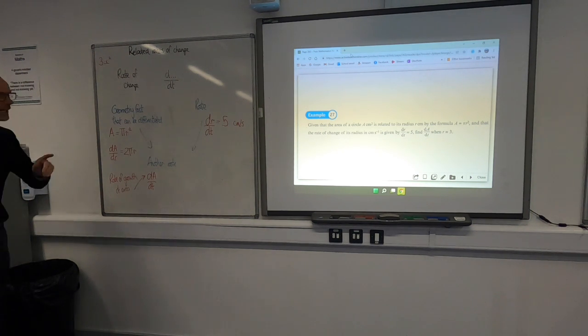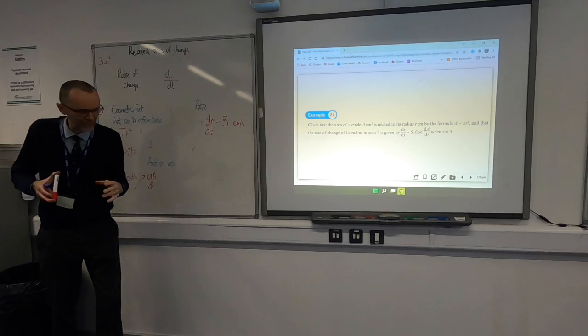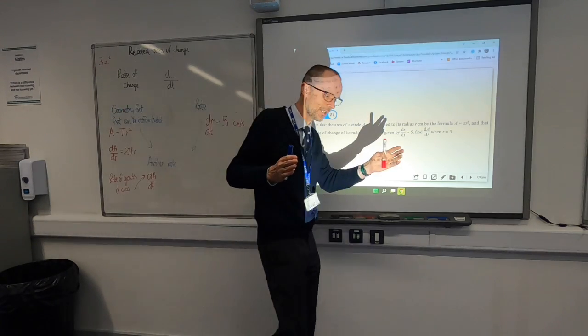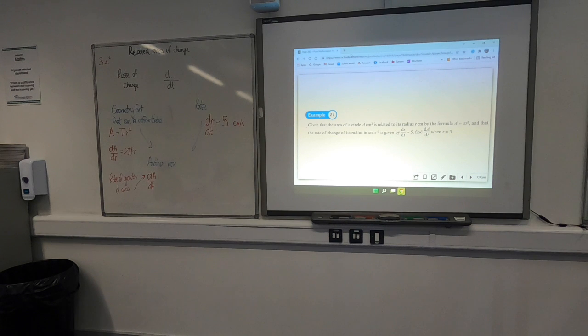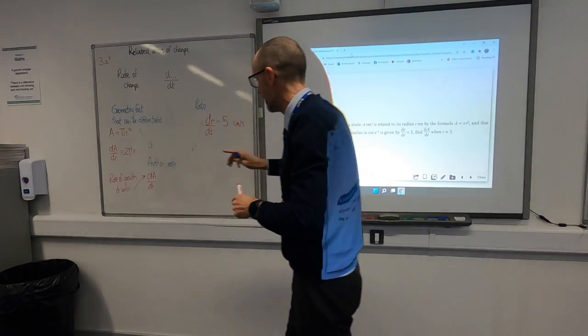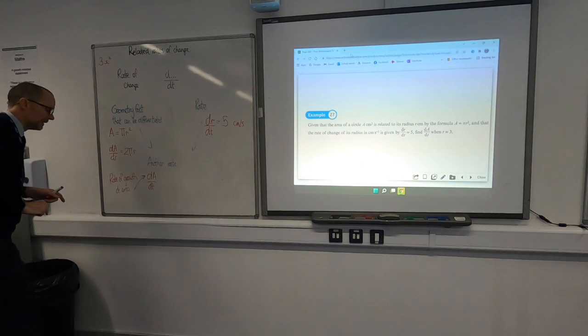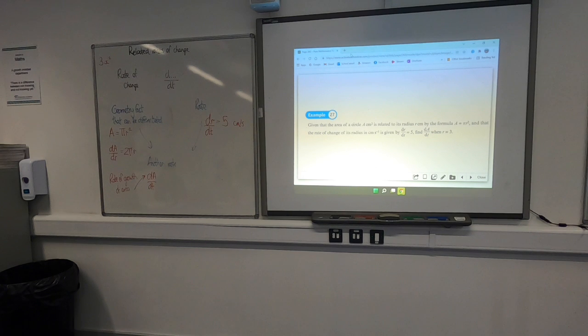So we know that the radius is growing, but I hope you can understand that as the radius increases 5 centimetres each second, that's going to steadily increase the area rate, because to go from 5 to 10 centimetres, the area will increase by this much, but going from 10 to 15, that's a bigger increase. So this is not just 5 or something, it's going to be different.